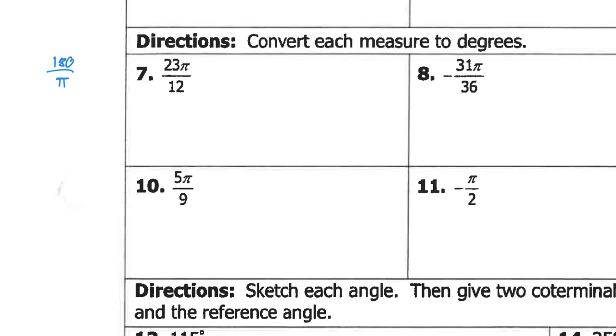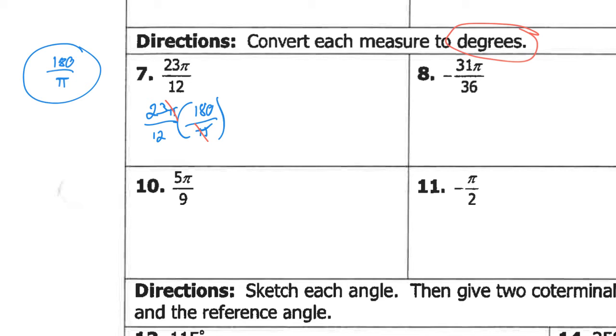To go the opposite way, you just flip the fraction. Take 180 over pi and multiply it by whatever you have. So 23 pi over 12 will get multiplied by 180 over pi. Remember, I want the pi on the bottom because I want the pi's to cancel out. If I'm switching to degrees, I'm not going to have a pi in my answer.